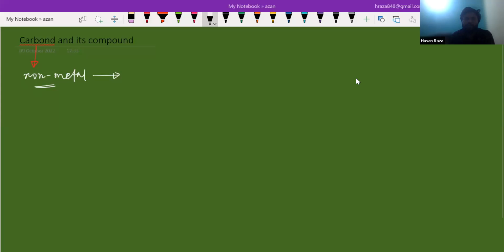As you have studied in the previous chapter, there is a metal that will lose one electron. It will be in the form of Na plus, and chlorine, that is a non-metal, will gain this electron and be in the form of Cl minus. This Na plus and Cl minus will come together.